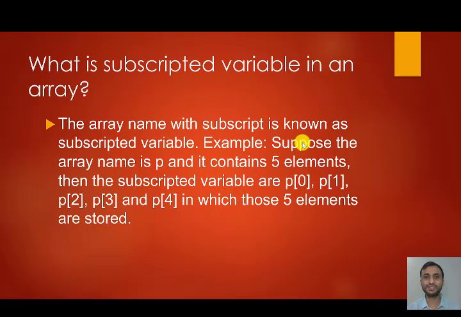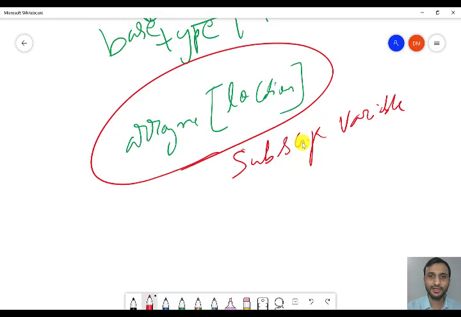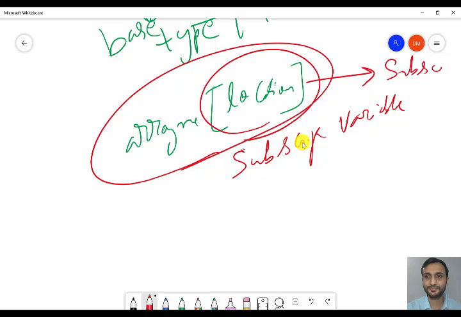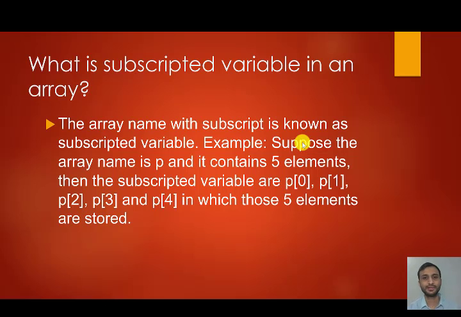The array name with subscript is known as subscripted variable, where the square bracket location is known as the subscript. Suppose the array name is P and it contains 5 elements, then the subscripted variables are P0, P1, P2, P3 and P4, in which these 5 elements are present. Understood?